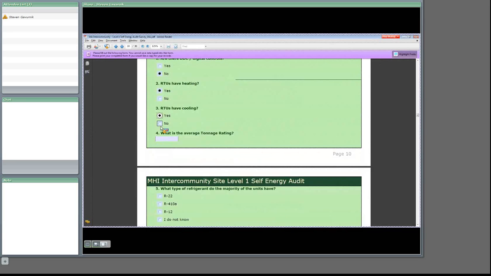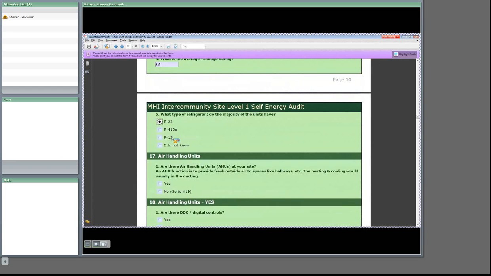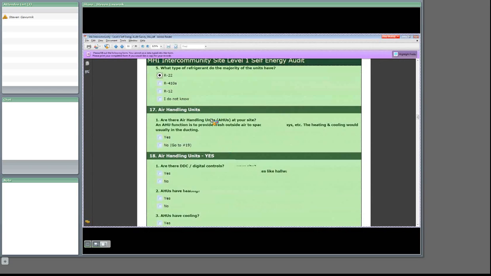Let's assume yes, and we'll assume yes for cooling. If you put no for cooling, you can skip question 4, which is the tonnage. But if you have cooling in the rooftop packaged unit, indicate what that cooling tonnage is and the type of refrigerant. We'll assume R22, but if you have R410 indicated, or the older R12, or if you're not sure, indicate I don't know.